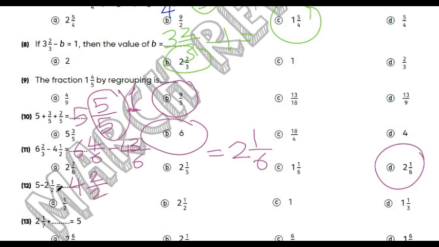Why? To make the denominators alike, so 4 and 2 over 2 minus 2 and a half. Now we can solve this operation. 4 minus 2 equals 2, 2 minus 1 equals 1 over 2, so 2 and a half.